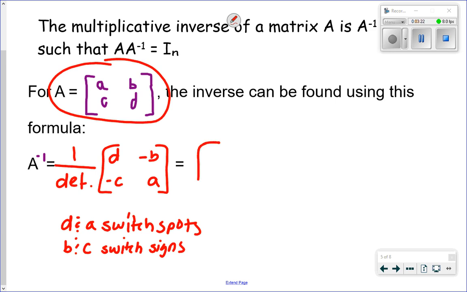So this would be D over the determinant, negative B over the determinant, negative C over the determinant, and A over the determinant. Obviously, the goal is to have smallest terms and things like that, so if they can be reduced, then we would reduce them. This will make more sense in the next slide when we do examples.